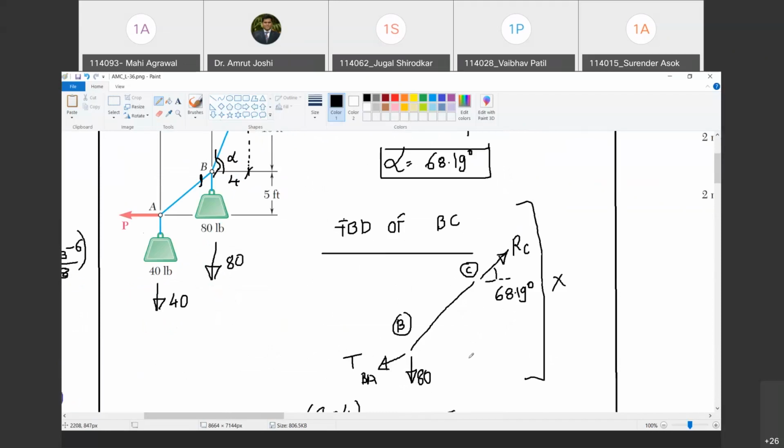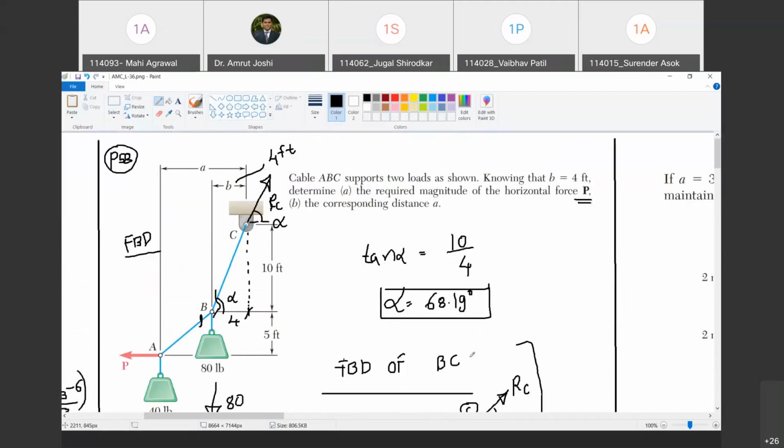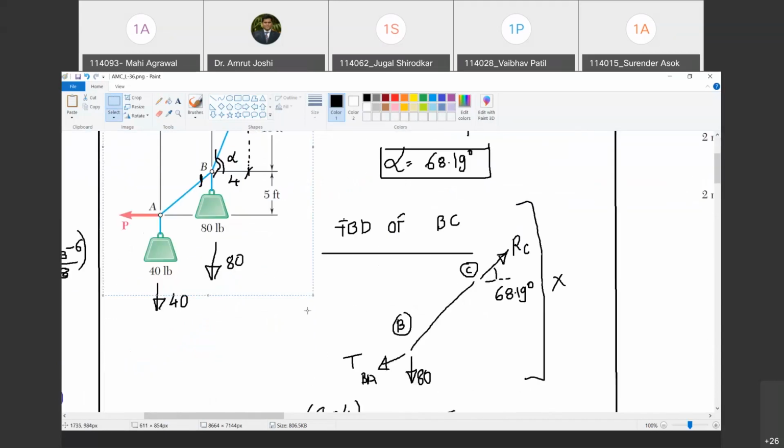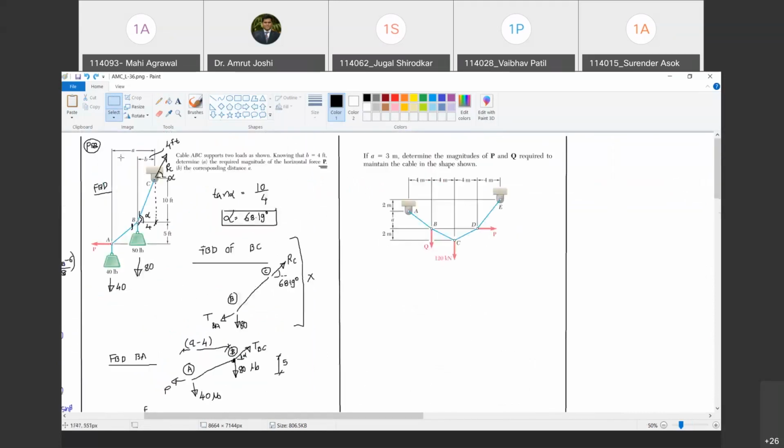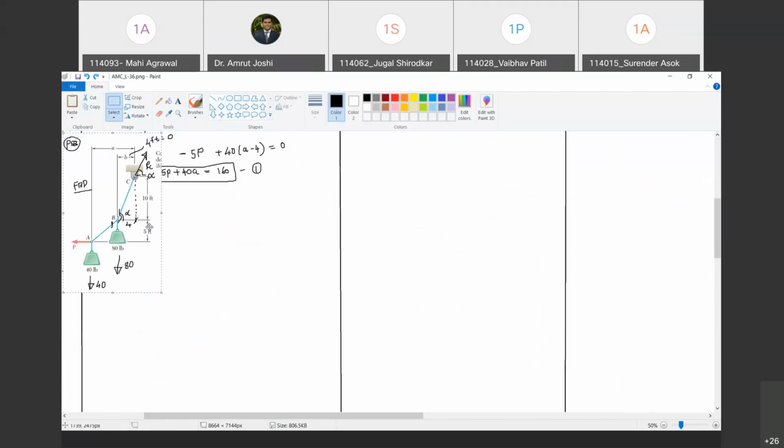And now look at this free body diagram of the entire body. In this, if I take moment of all the forces about C, I will get another equation. Do you agree with me? So let me copy this free body diagram of the entire cable for our ready reference.